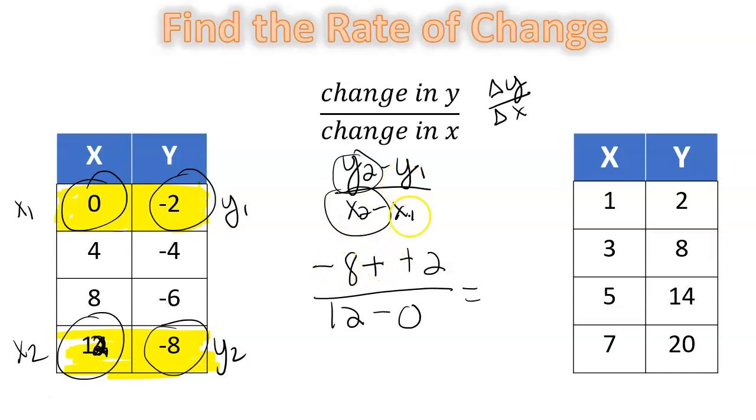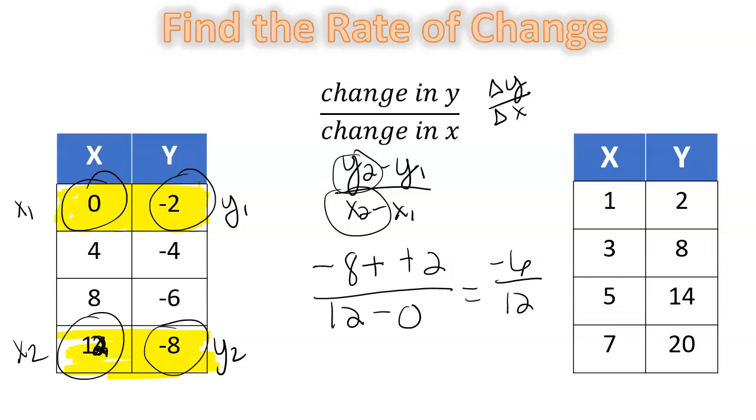So I have -8 plus 2. My integer rules tell me if my signs are different, I subtract. So 8 minus 2 is 6. And then I keep the sign of the larger number. When we say the larger number, we're talking about just looking at the numbers without the signs. So 8 is larger than 2 and it's negative, so I'm going to keep the negative. Over 12 minus 0. So I get -6/12.